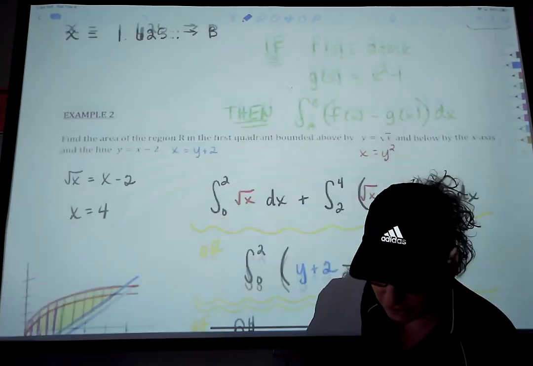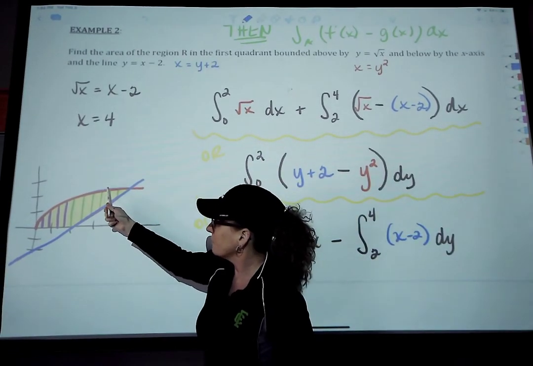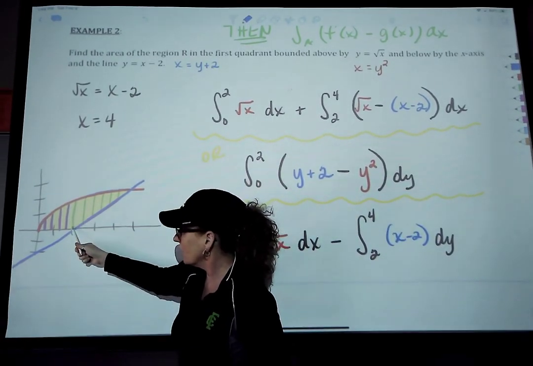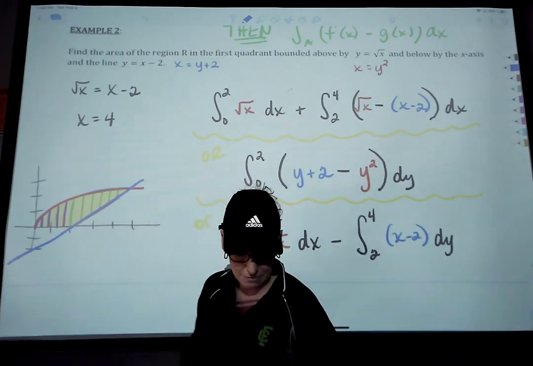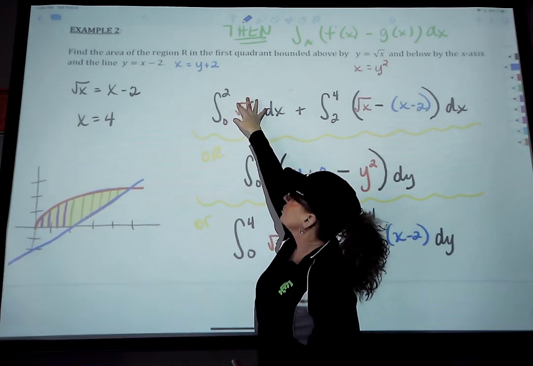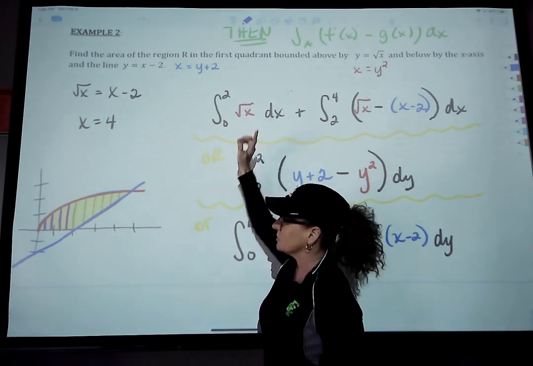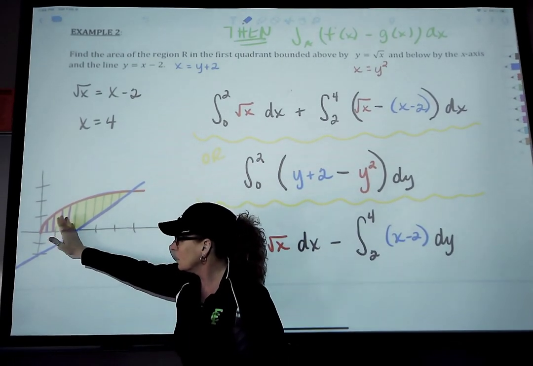Option number 2, I said you could make vertical rectangles here and vertical rectangles here, but you've got to do your integrals separately. So for that option, you can go 0 to 2, just the area under the root function. So I'm going from x equals 0 to x equals 2, area under there.